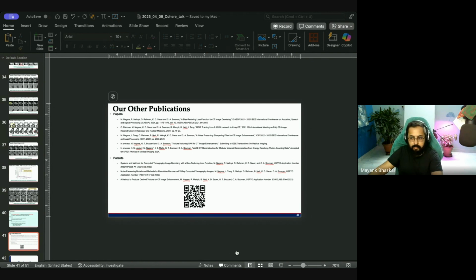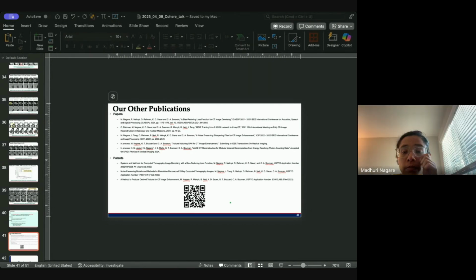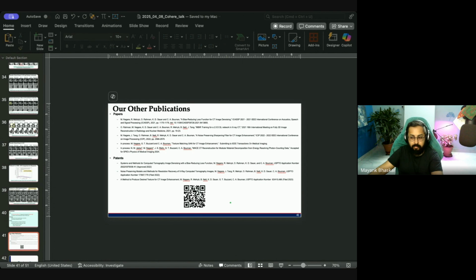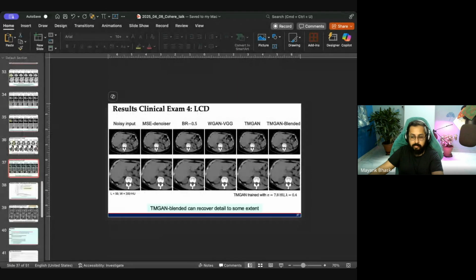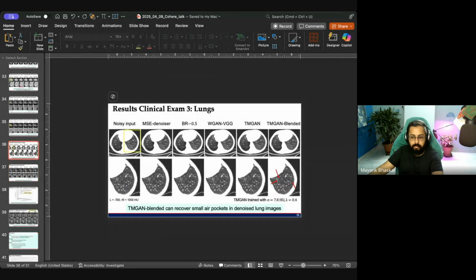So, like the air pockets that we see on the CT scan images, these are the noisy kind of inputs that you need to prevent from going in at the end level, like preserving the detail and the nice texture that needs to go in.